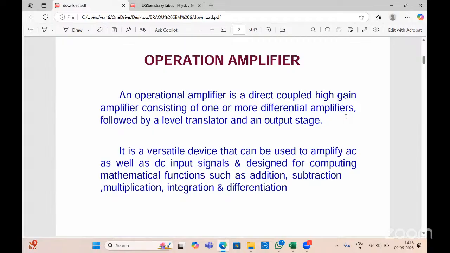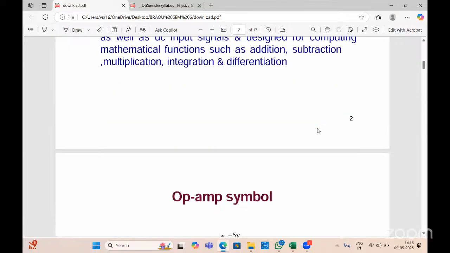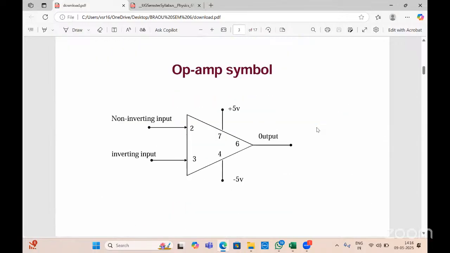It is a versatile device that can be used to amplify AC as well as DC input signals, and is designed for computing mathematical functions such as addition, subtraction, multiplication, division, like that. You can see the op amp symbol. Plus is non-inverting, minus is inverting.